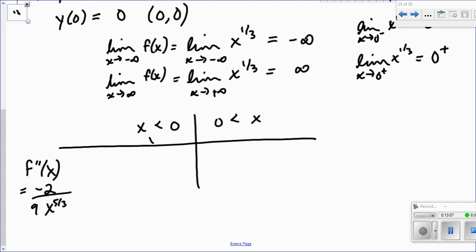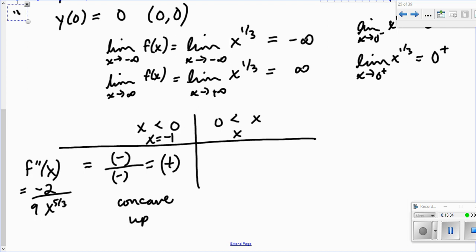So if I have a negative 1, let's say, I'm going to have a negative over a, now if I take the third root of a negative, it's still a negative, raise it to the 5th power, it's still a negative, multiply it by 9, it's still a negative. So a negative over a negative equals a positive, so I have a concave up situation when x is less than 0.